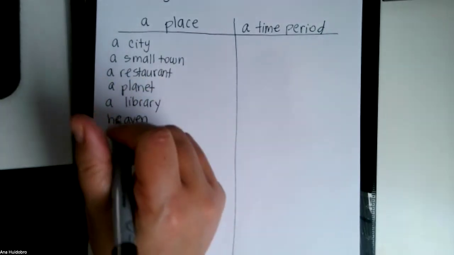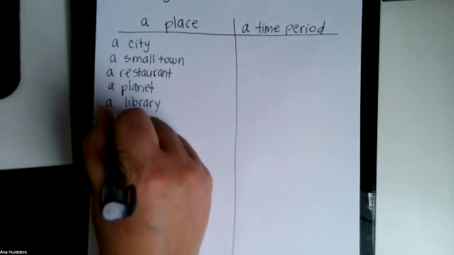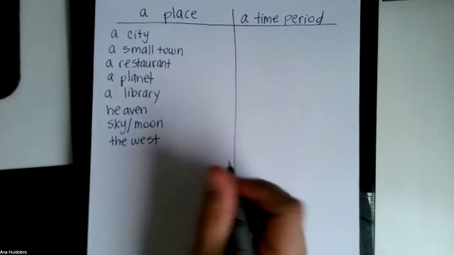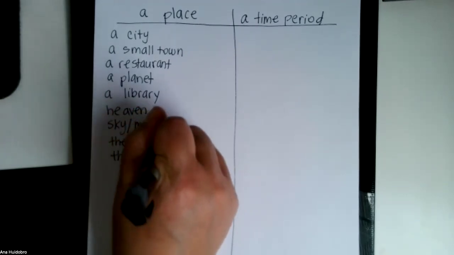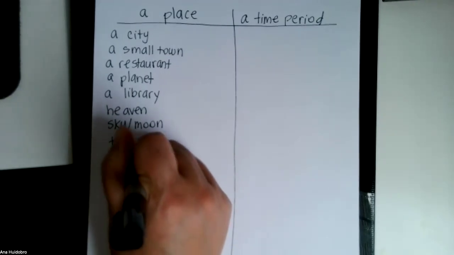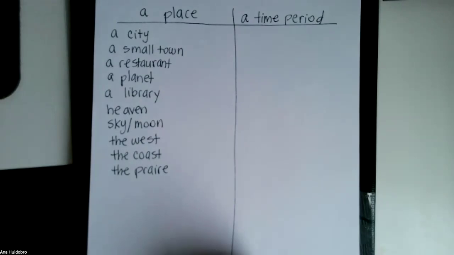It could be just a general place like the West or the Wild West, right? It could be something like the coast. It could be the prairie. The prairie are grassy flatlands.